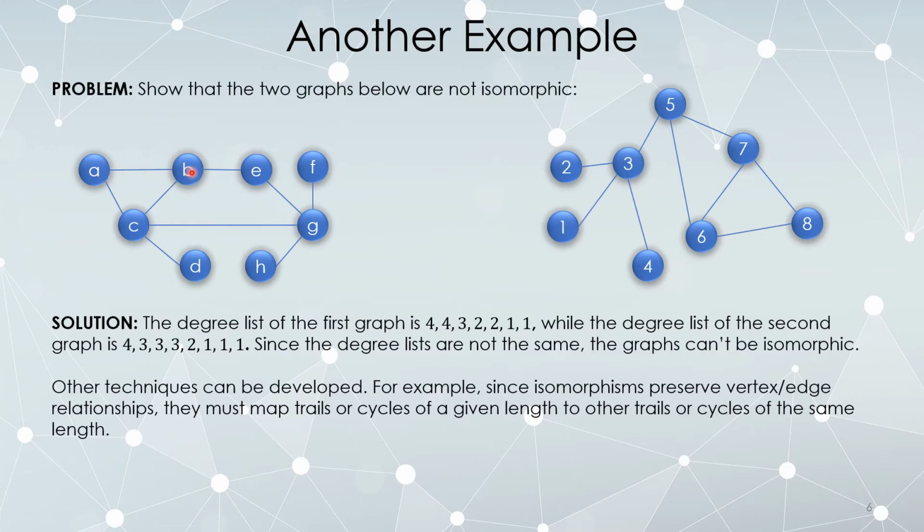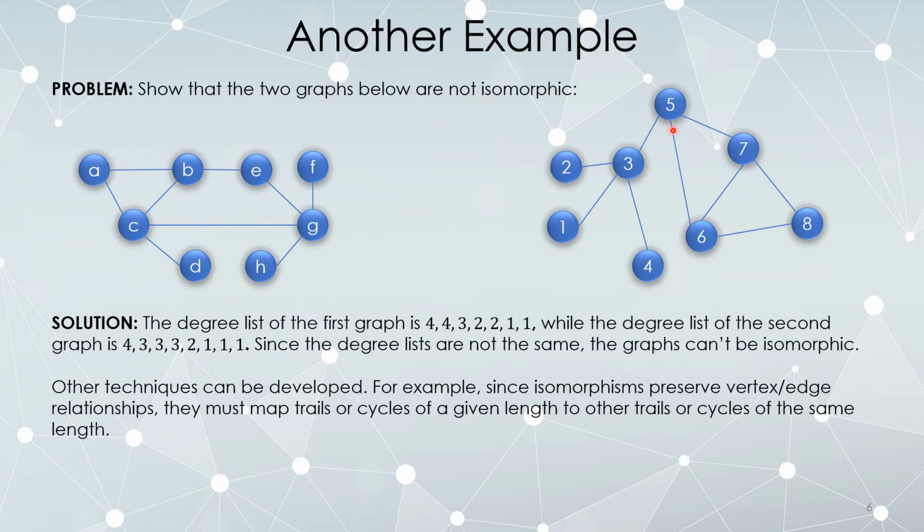Wherever A goes must be connected to wherever B goes because this edge is here. Wherever B is sent must be connected to wherever C is sent because this edge is here. Wherever C is sent must be then connected to A because this edge must go to its appropriate place. So since there is this triangle here, there must be a triangle over here.